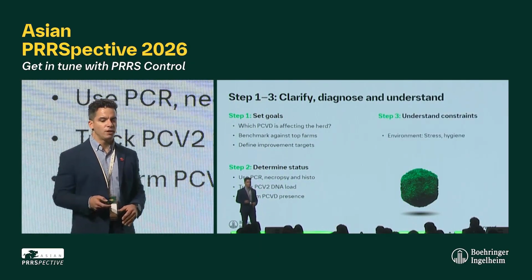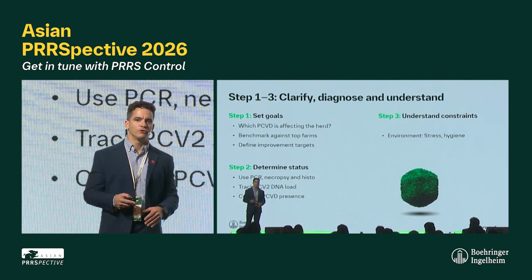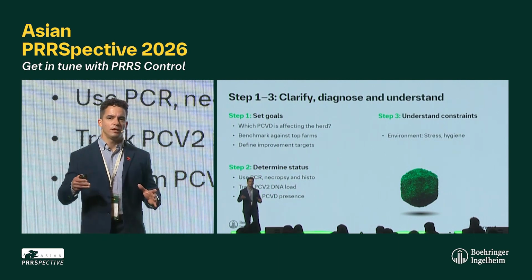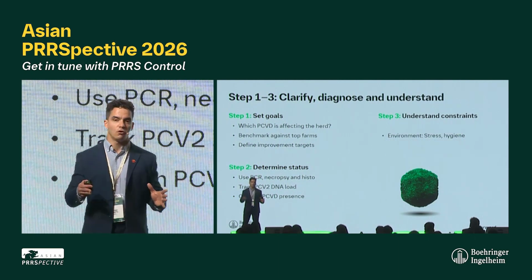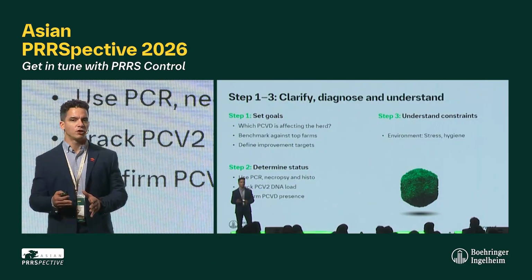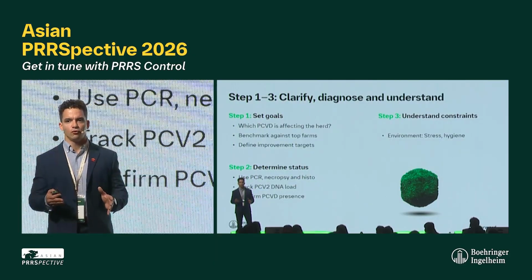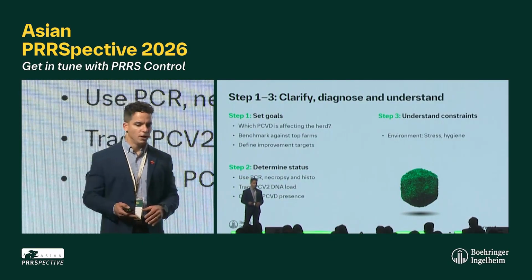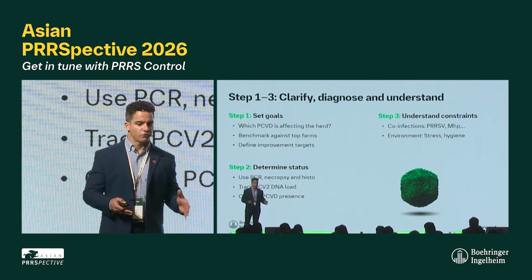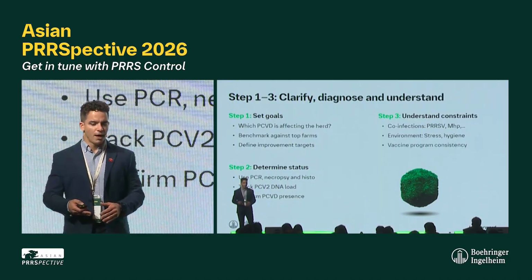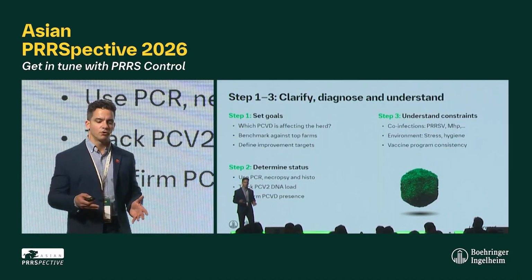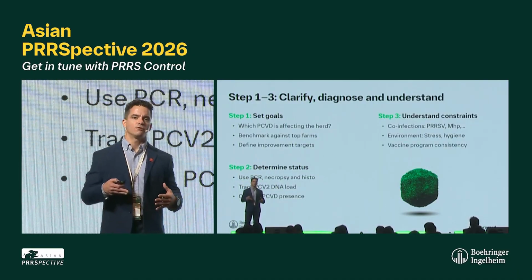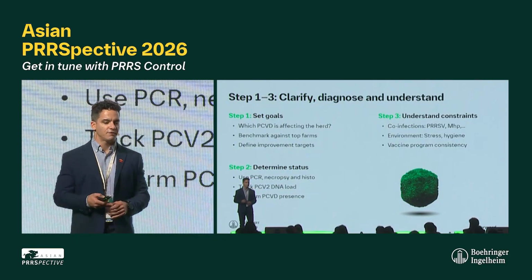In step 3, the idea is to understand if PCV2 is acting alone, or if there are other things that could be contributing to the clinical picture that we are observing in the herd. So co-infections, environmental stressors, and the vaccine program consistency. Those are all things that would be evaluated in that step.